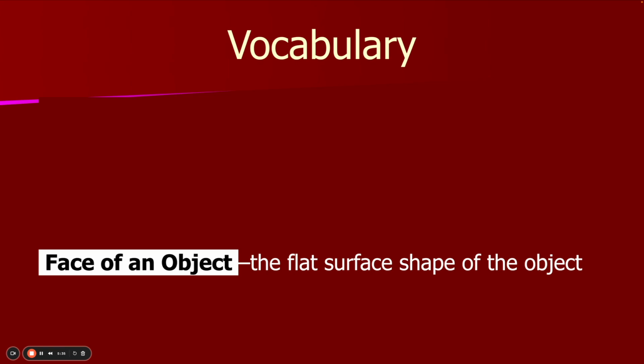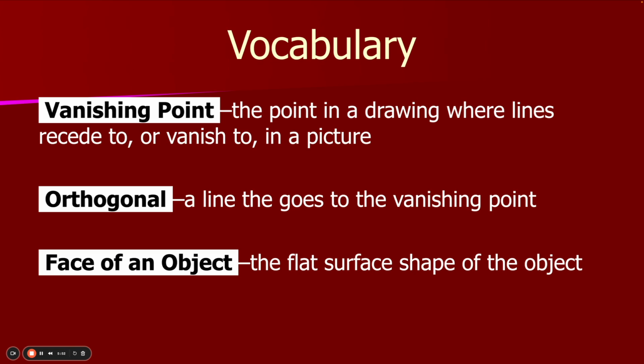So that's the face of an object. That is different than the human face. So it's the face of an object. So: vanishing point, orthogonal, and face of an object.